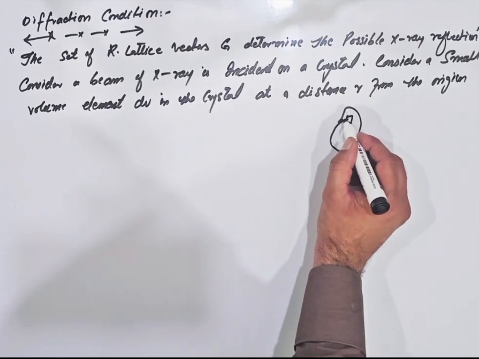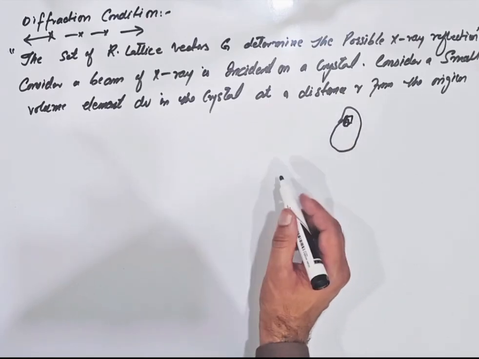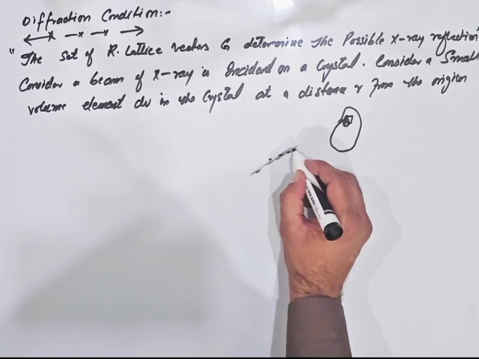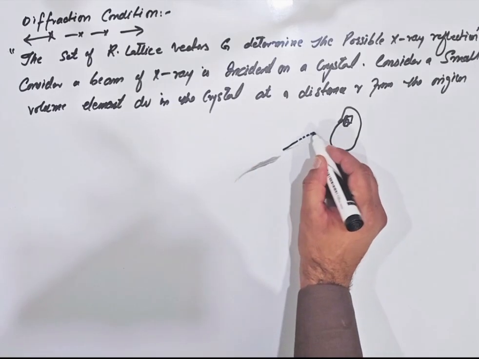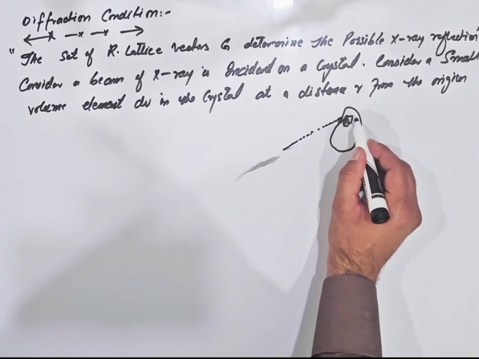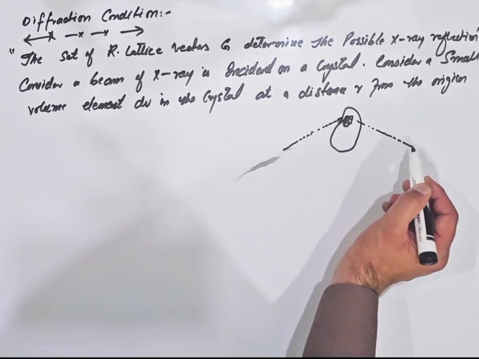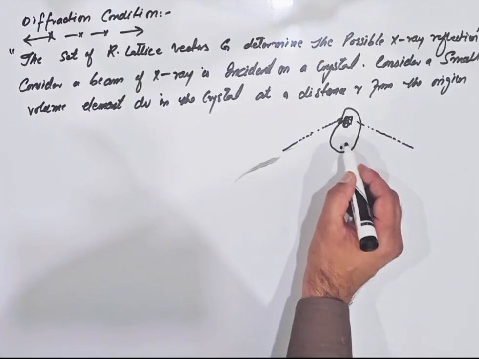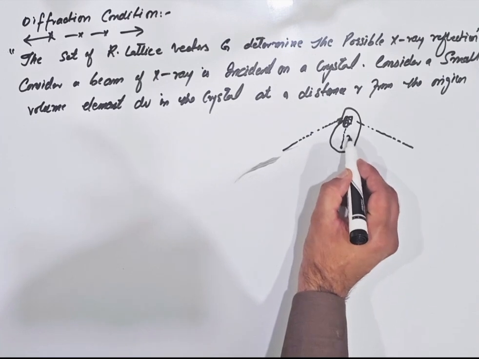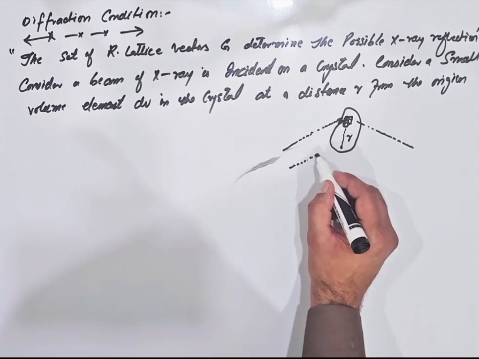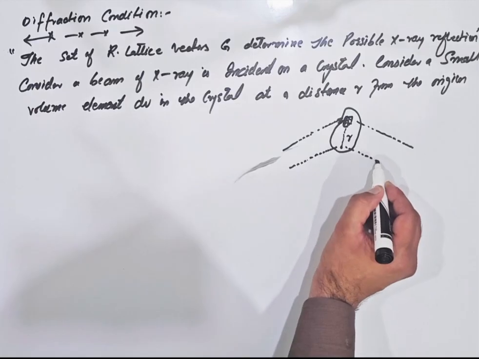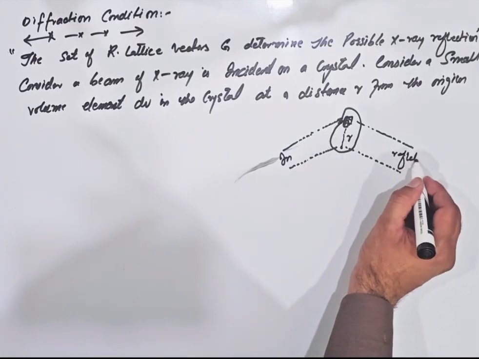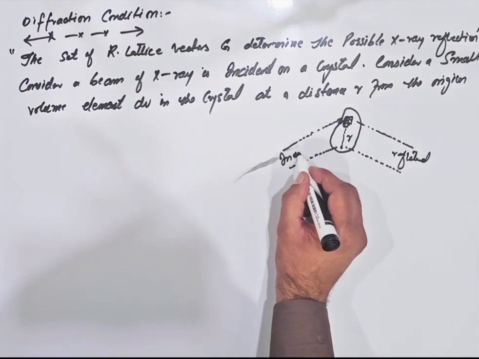We are considering a small volume del V inside the crystal, and the incident ray is interacting with the small volume del V. This is the origin, distance r. Incident and reflected beam.